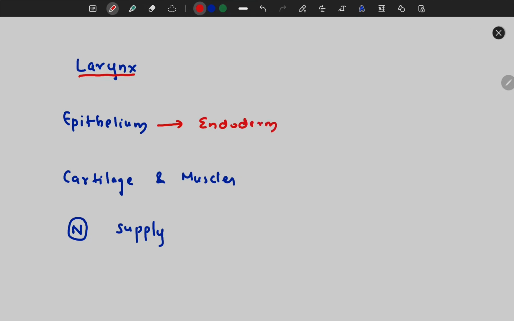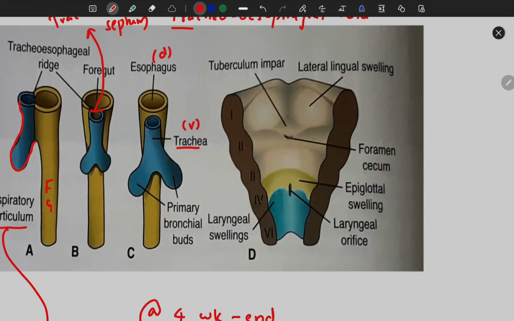So the cartilage and the muscles are derived from the fourth and the sixth arch of the pharyngeal arch. So this pharyngeal arch is one of the most important topics, and I will be dealing with it in another video.